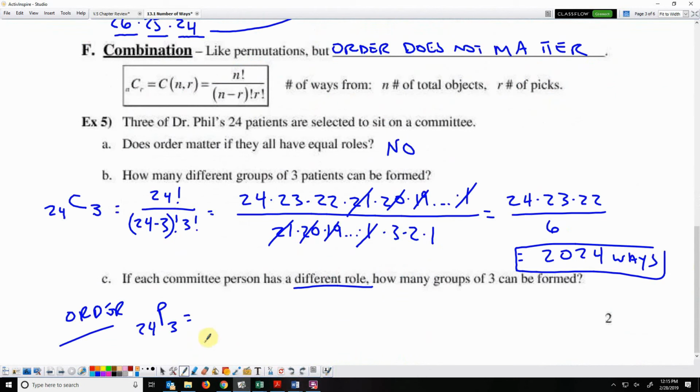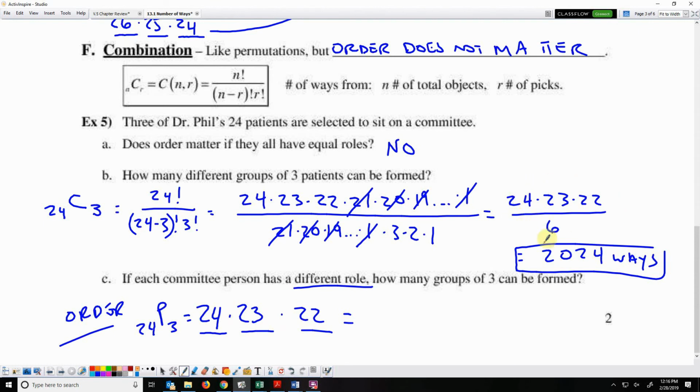So there are 3 roles to fill. There are 24 total patients, so for the first spot, I've got 24 to choose from. For the second spot, now I only have 23 left to choose from. For the third spot, now I only have 22 left to choose from. 24 times 23 times 22.